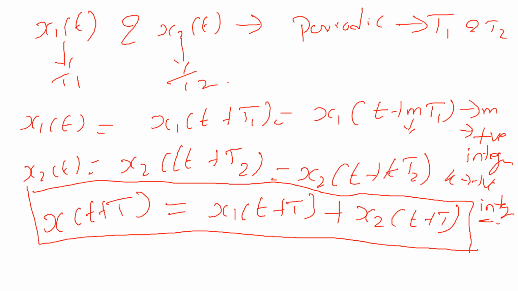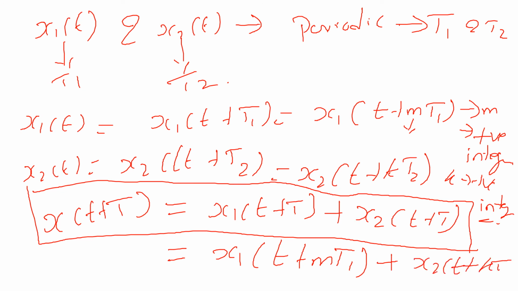That means I can write this signal as x1 of t plus m T1, as per the definition, plus x2 of t plus k into T2, and this can be written as m into T1 is equal to k into T2, and this should be equal to capital T. Let me write it on the previous slide, since there is no space here.